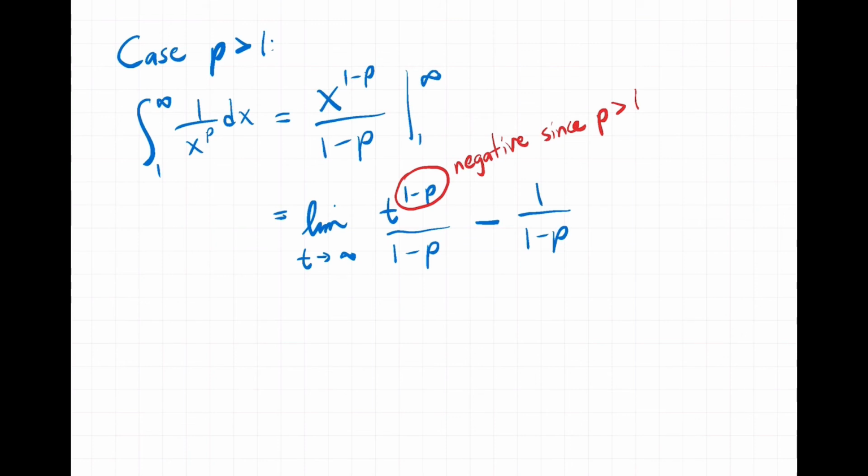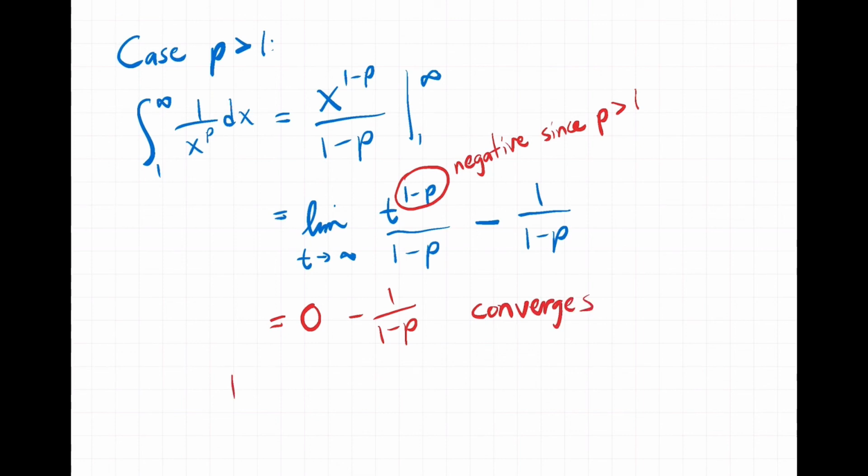Well, if t is going to infinity and your t is being taken to a negative power, that's going to approach 0. So this limit is actually 0 minus 1 over 1 minus p, whatever that happens to be. That'll actually end up being a positive number because 1 minus p is negative and you're subtracting that result. That's a positive number, but the important thing is it's finite. So this integral converges.